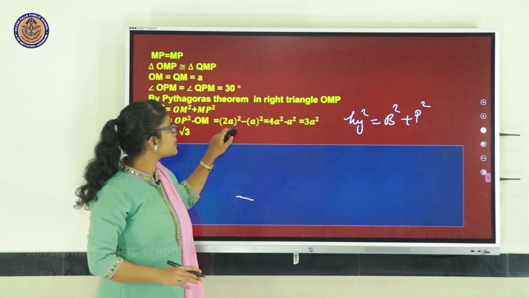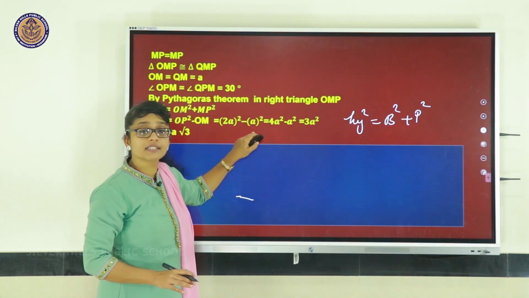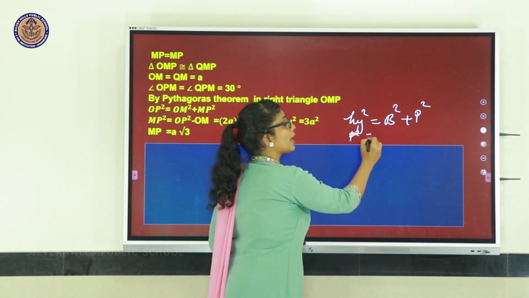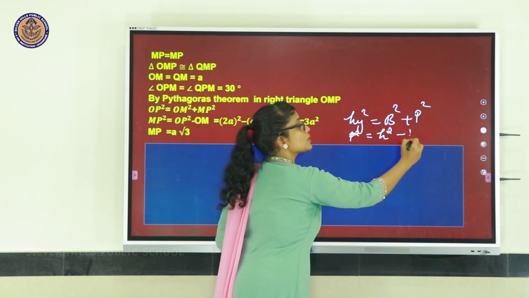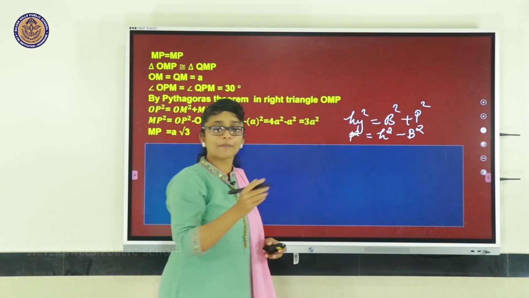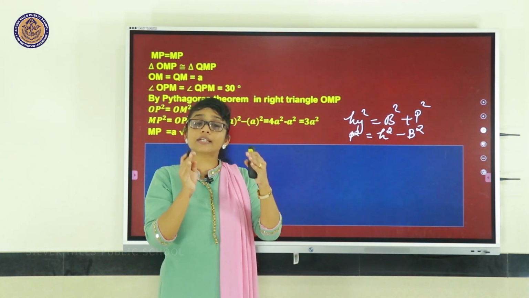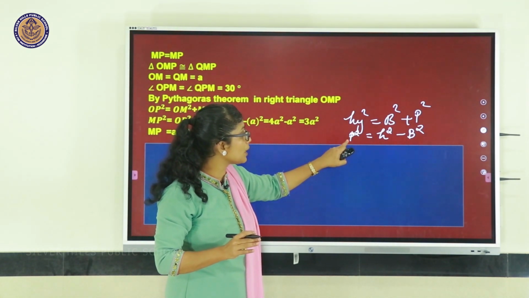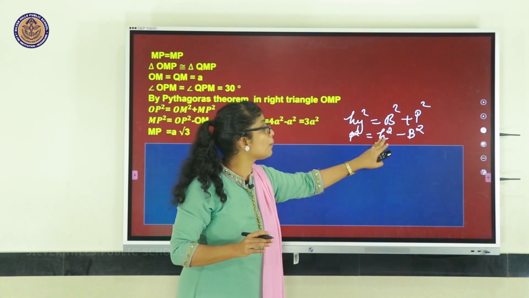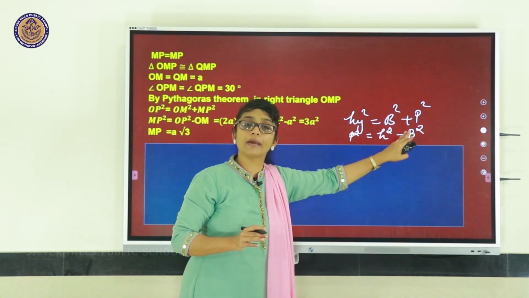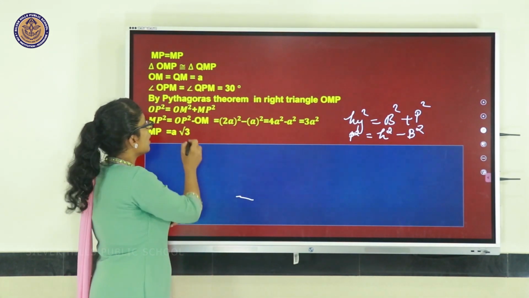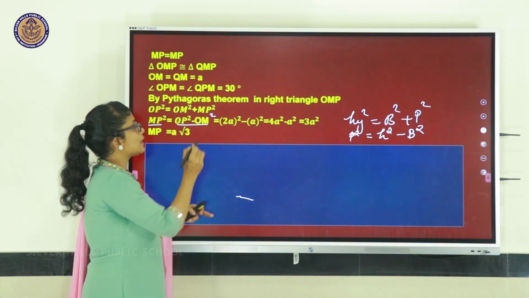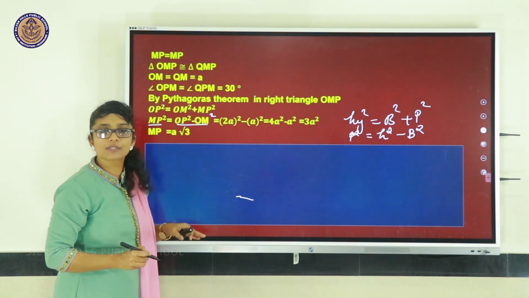So hypotenuse is 2A and base is A. For finding the height of the right angle triangle, we use perpendicular square is equal to hypotenuse square minus base square. That is OP square minus OM square.